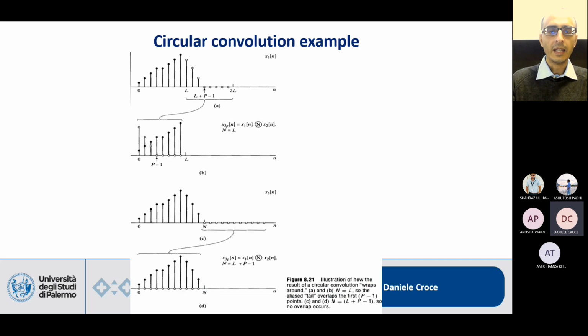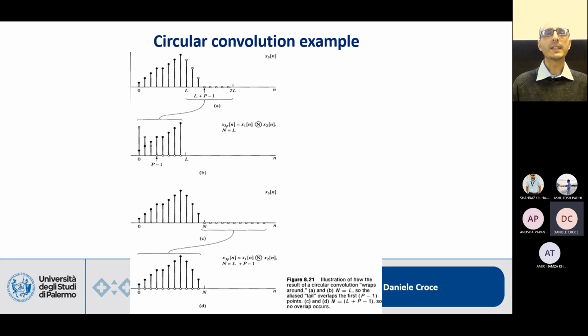In the circular convolution now, what happens? Here you have the linear convolution result above, x3. The second graph is if we do the circular convolution on L points only. What happens is that the extra points overlap with the first part of the convolution.